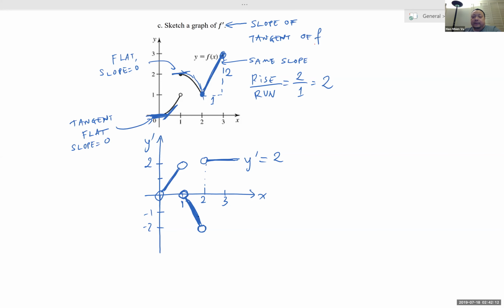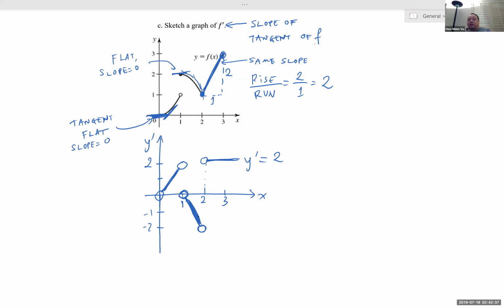And finally, the last point is the open circles I put in at x equals 1 and x equals 2. That is because f prime is not defined at x equals 1 and x equals 2. A lot of you got that question correctly, that f itself is not differentiable at x equals 1 and x equals 2.